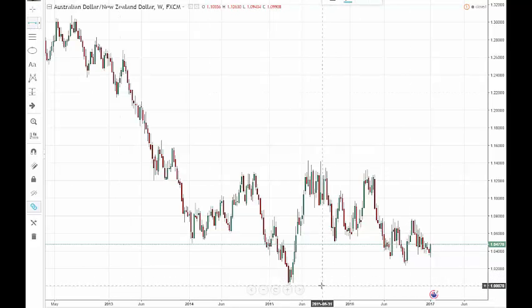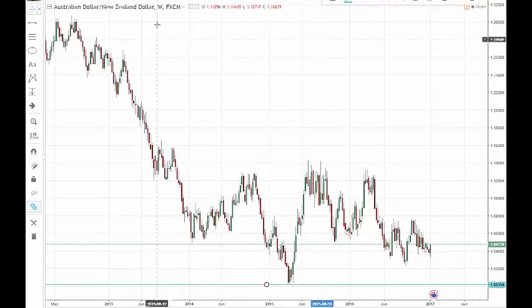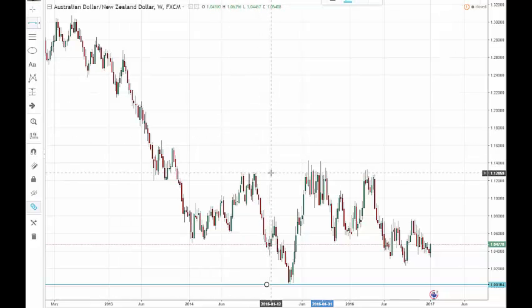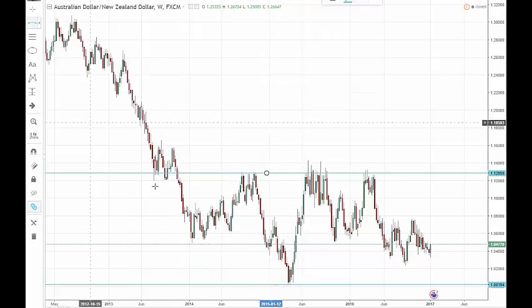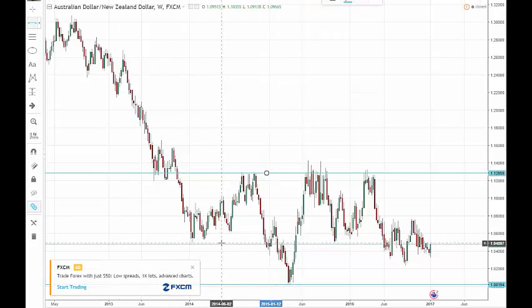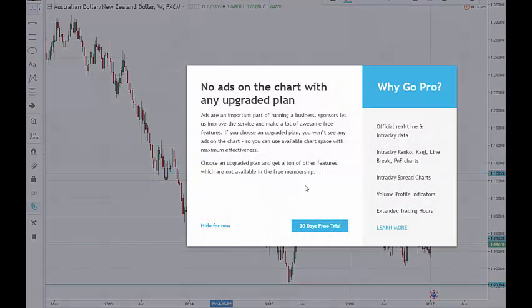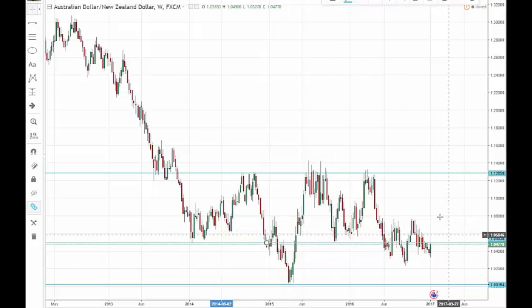Of course, we can see this is the Australian dollar, New Zealand dollar. We have a low over here. This is the weekly chart. We see that price is struggling when it comes into this area. Then we see that this is an important area as well, and that is very important for the place we're at right now.